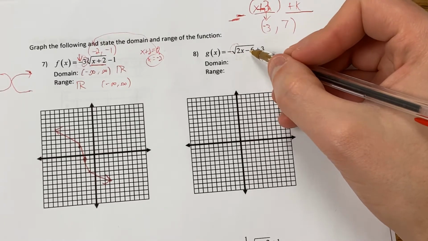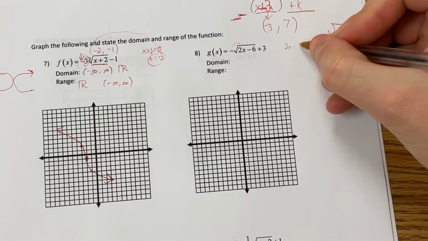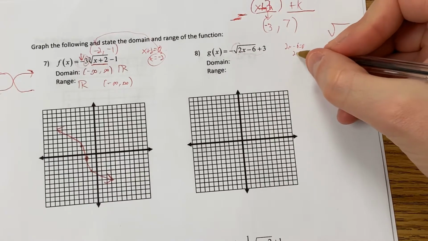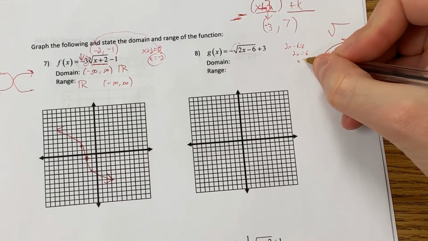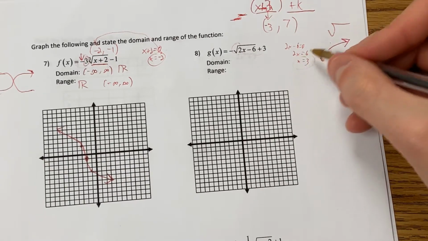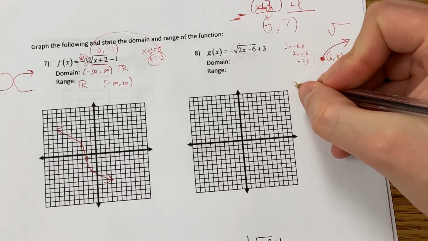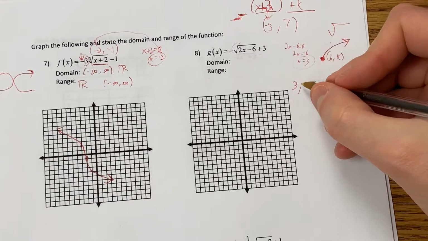It's actually going to be at 3, because if you set this part equal to 0, you would get x equals 3 for what makes it 0. So this one is going to be at 3, comma 3.